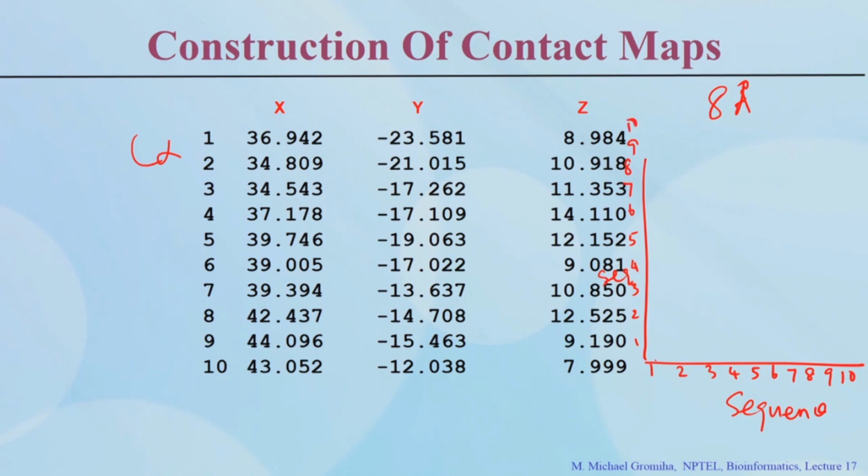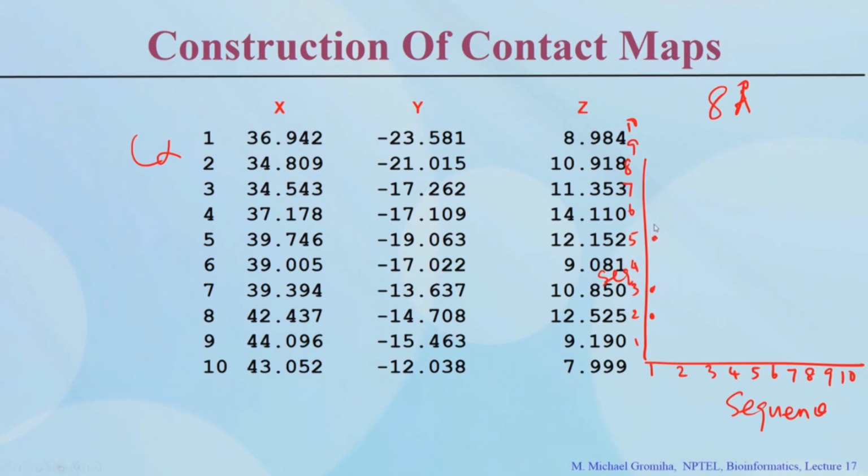So take 1 and 2, they are in contact, yes, right. 1 and 3, yes. 1 and 4, not in contact. 1 and 5, not in contact. Here 3, 9, 36 plus 9 equals 45, 16, 9, okay, maybe in contact.